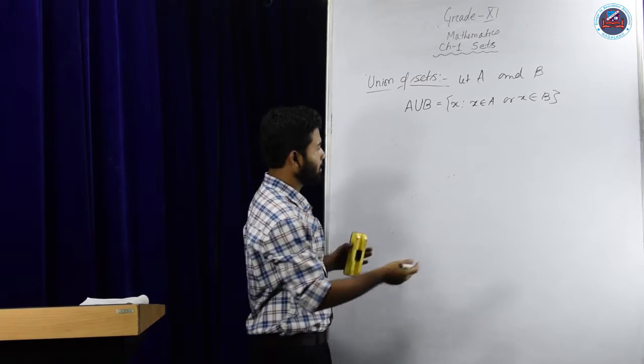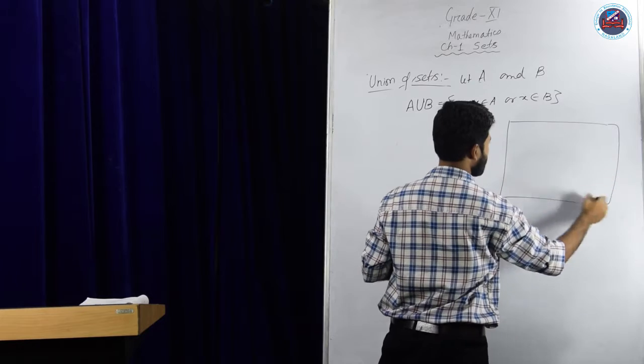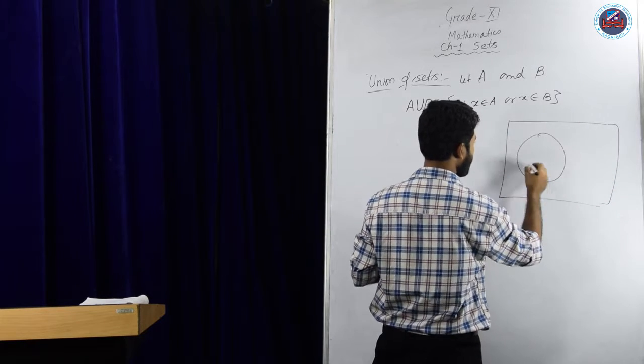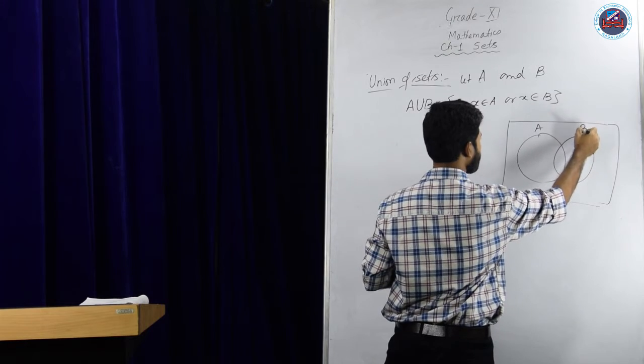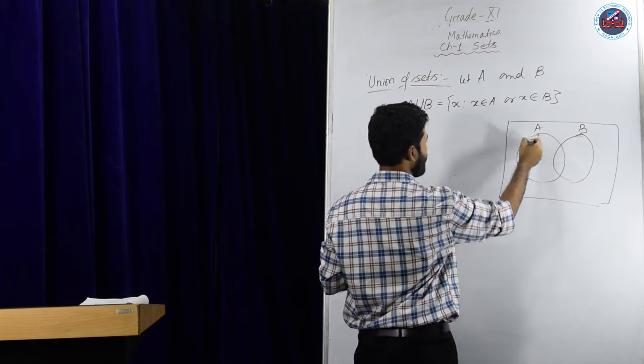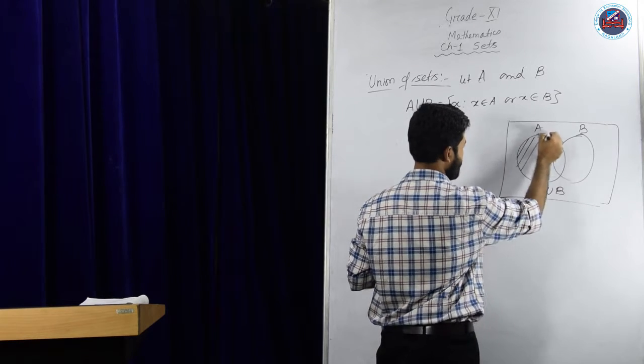Okay, so if I use the Venn diagram to describe it, if this is our set A and this is our set B, then our A union B will be the whole set.